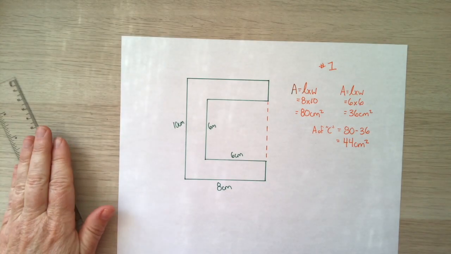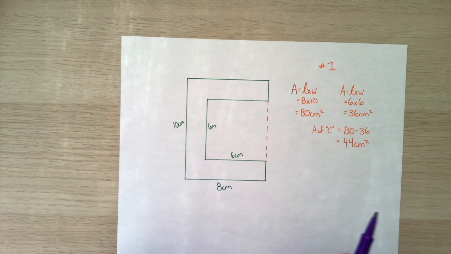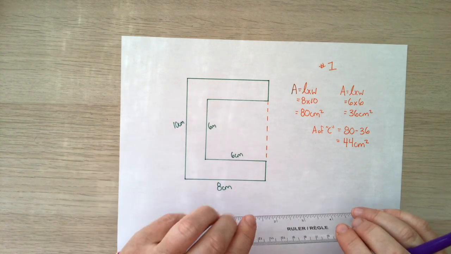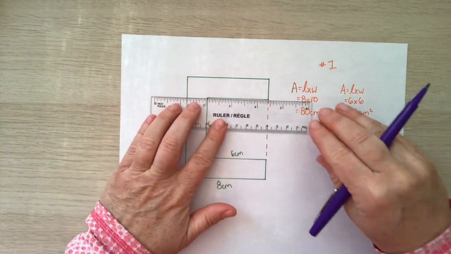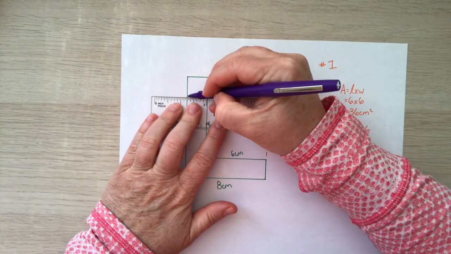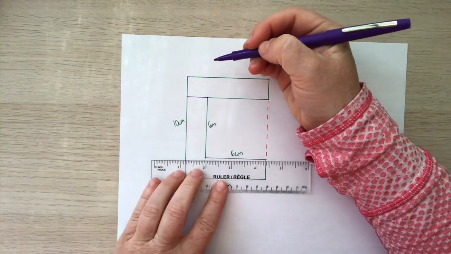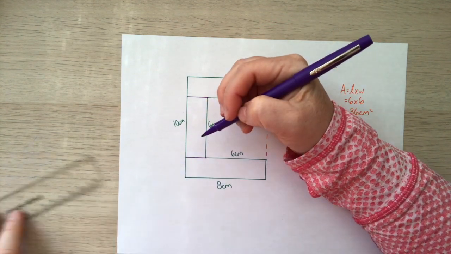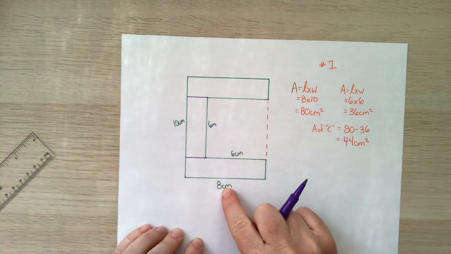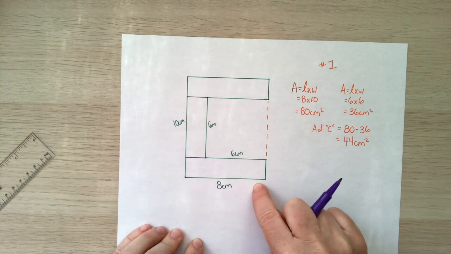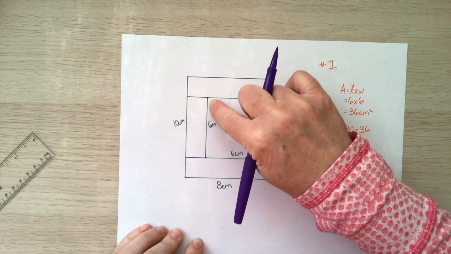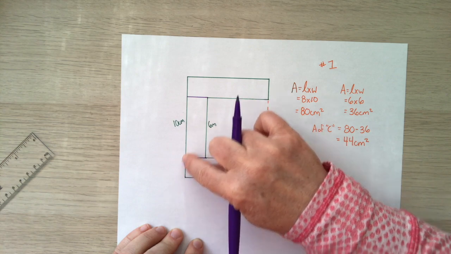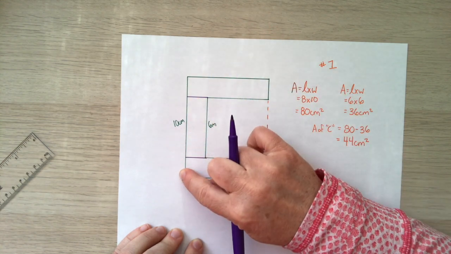The other way that you could do this is to actually cut the C into 3 rectangles. So I'm going to do this one here and this one here. And so you have 8 centimeters on this side. And I know that this is 6 here, and I know this full length one is 10.